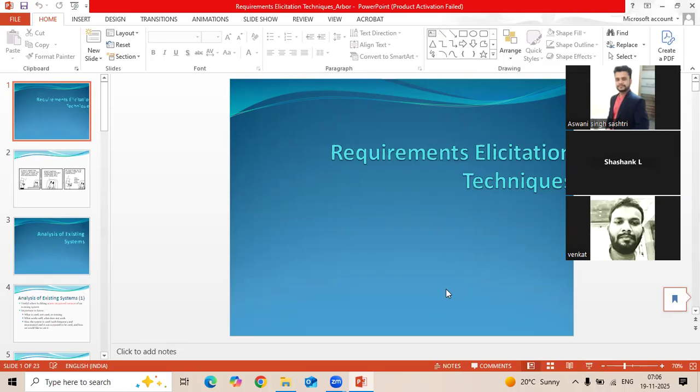To gather the requirement is to take the requirement, and this process is also called requirement elicitation. When we elicit the requirement from the client, this process is called requirement elicitation.